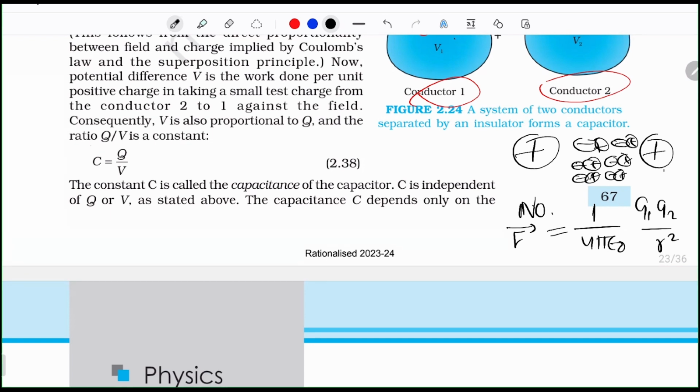However, if the question were, in the presence of the dielectric, what would be the force on one of the charges? That would be 1 by 4 pi epsilon Q1 Q2 by R squared. The reason is that the polarized medium does not affect the Coulombic force between the two charges themselves, but it affects the net force on a given charge. The contribution due to the medium in between affects both the charges, surely.